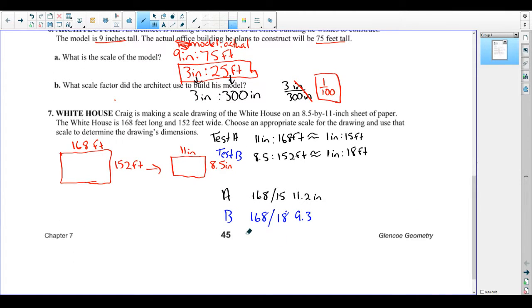And then if I do 152 feet divided by 18, I get 8.4 repeating inches.